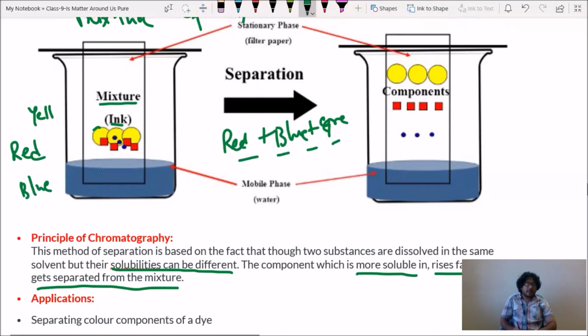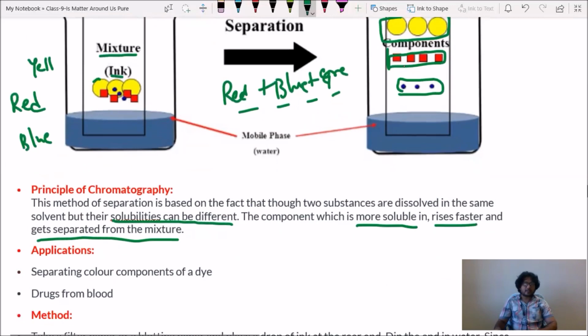If you have added them in the same solvent, that is water, after some time you can observe blue will be settled here, red will be settled at this height, and yellow will be settled at this height. Like that, depending upon solubility, the colors will separate, and all colors will not have the same solubility and strength. Different colors will have different solubilities and different strengths.